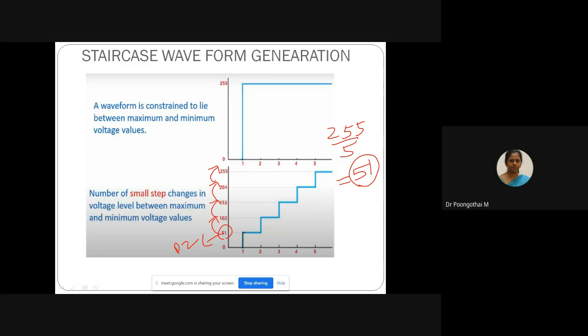So the 0 to 255 range is divided into 5 values: 51, 102, 153, 204 and 255 to generate your staircase waveform. Okay. Suppose you want to generate more steps in the waveform. In that case, you divide that value by 11.